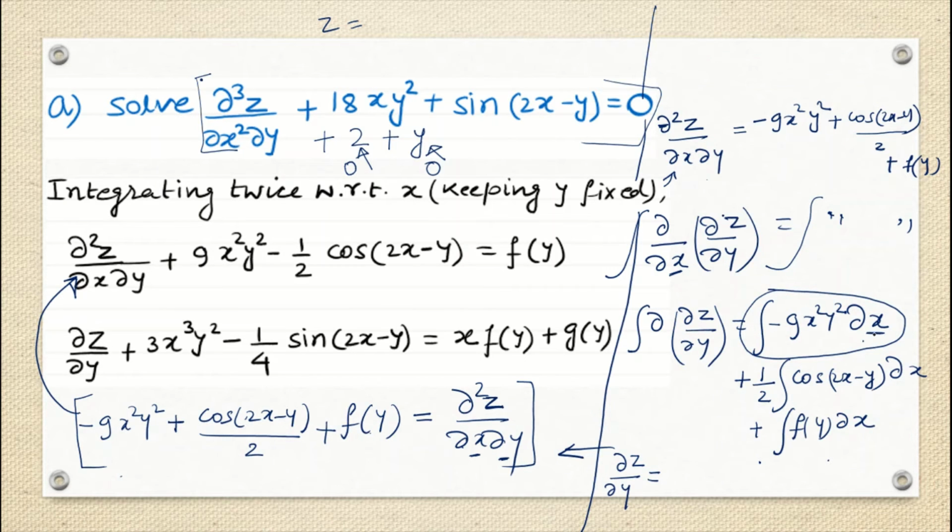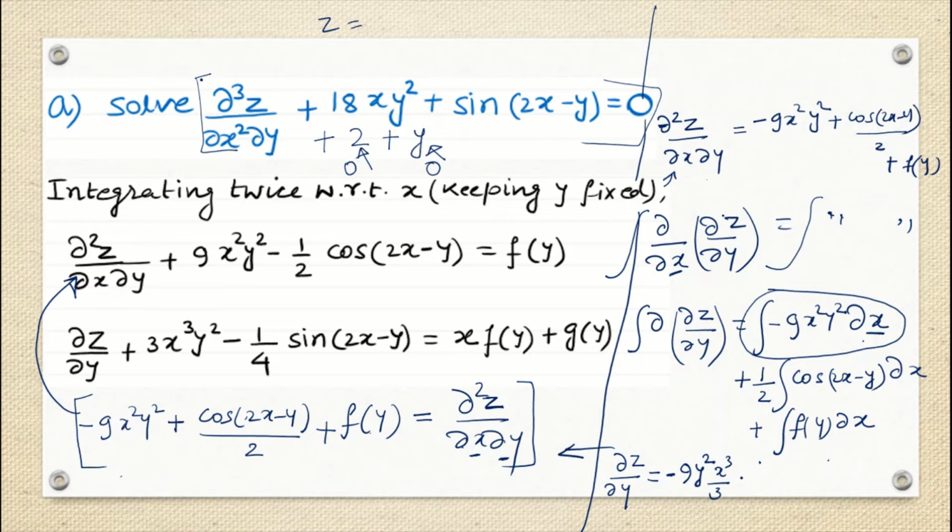If I am finding out integration, that means I am treating y as constant. So I am taking all constants outside. That means minus 9 into y square is nothing but my constant, correct? So what is remaining? x square. Integration of x square del x will give you how much? x cube by 3. Fine.